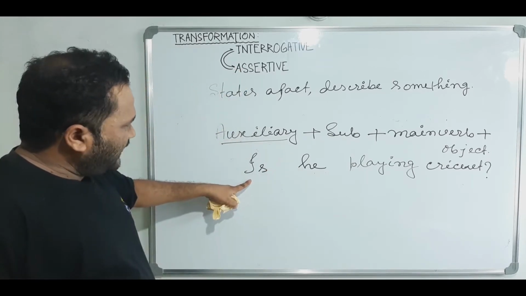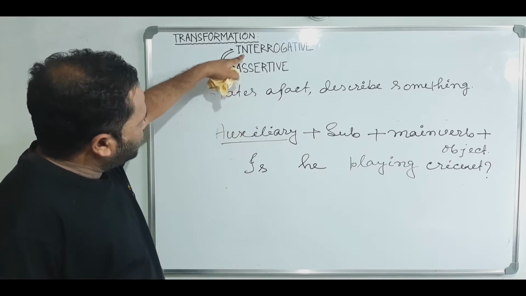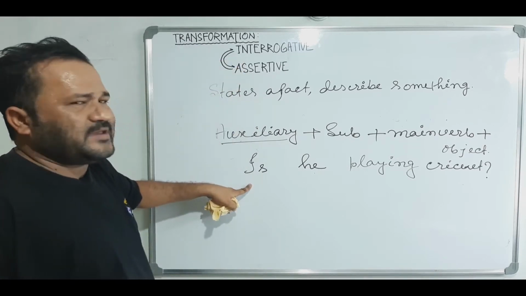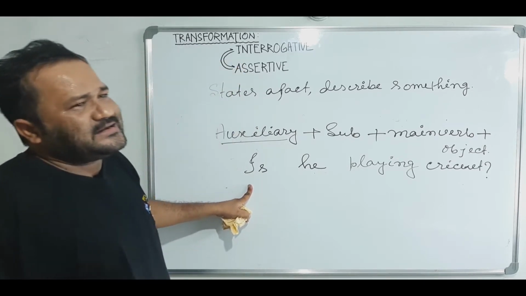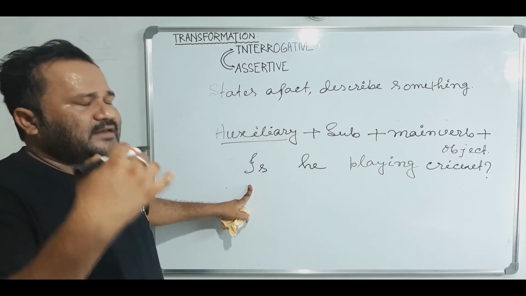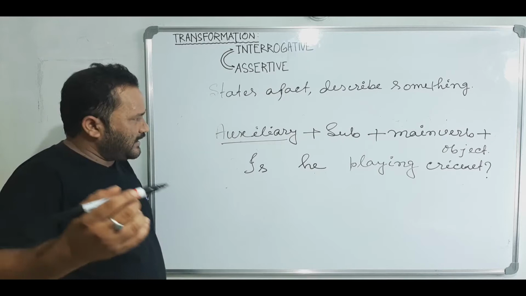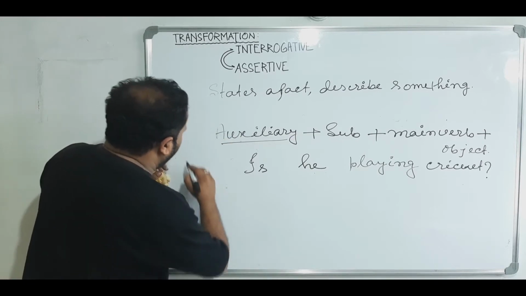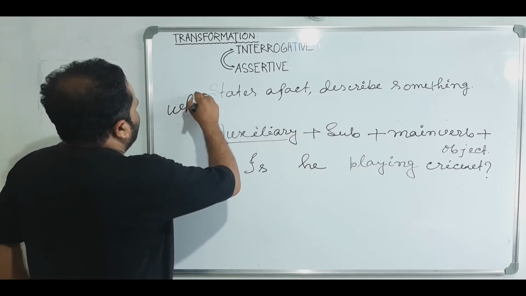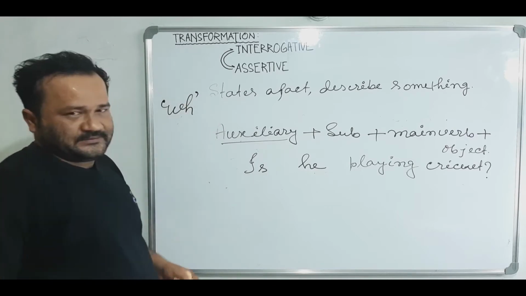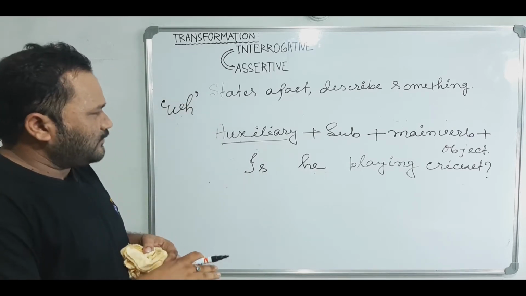Okay, now you know that an interrogative sentence can also be an affirmative sentence and it can also be a negative sentence. And you know that there is another type of interrogative sentence. It is called a WH question. Okay, what is a WH question?